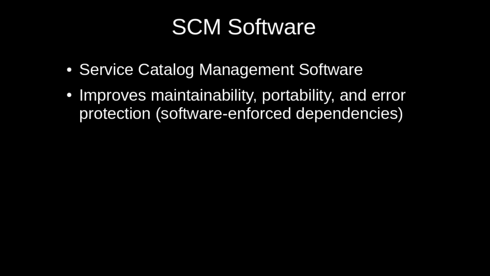If you go to retire a service that is dependent or supports another service, then you don't want to do that without having an adequate plan to replace the service that you're retiring. It's going to make your catalog more portable, because the software is oftentimes web hosted these days, and therefore you can work on it across systems. And finally, you have error protection.